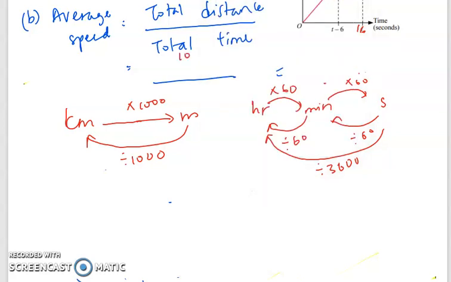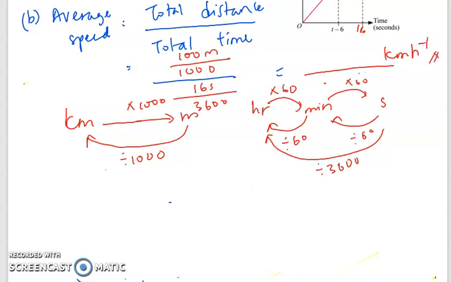Okay, so we have 100 meters, right? So changing to kilometers will be divided by 1000. And then for the time, we have 16 seconds, right? So we divide directly by 3600. Okay, press your calculator and you get your answer in kilometers per hour. Okay, so I think this would be much easier.